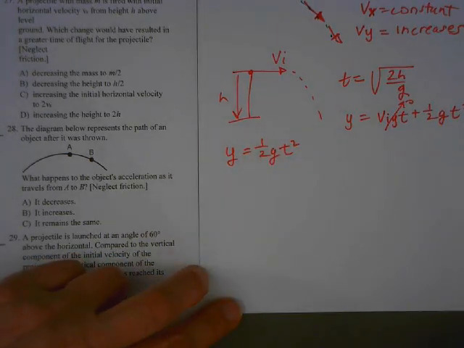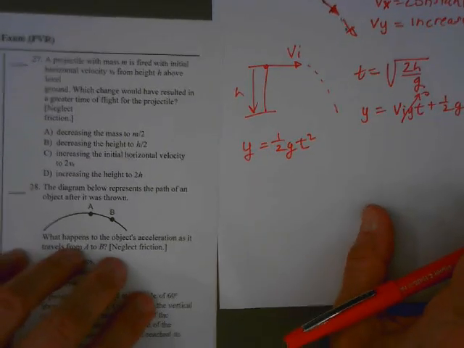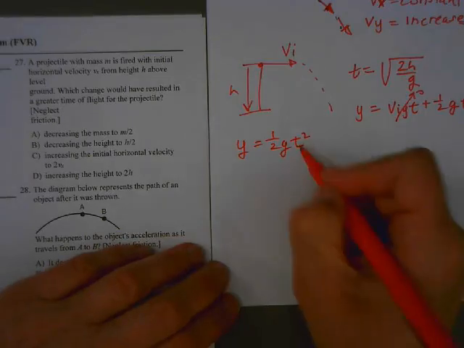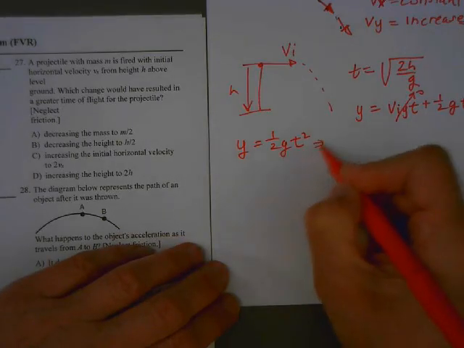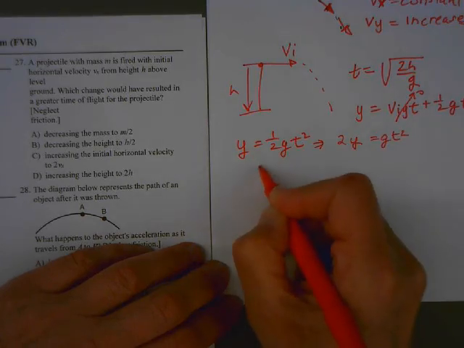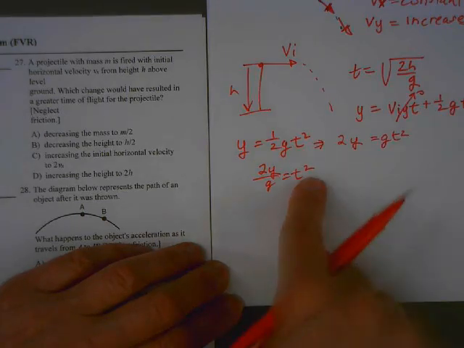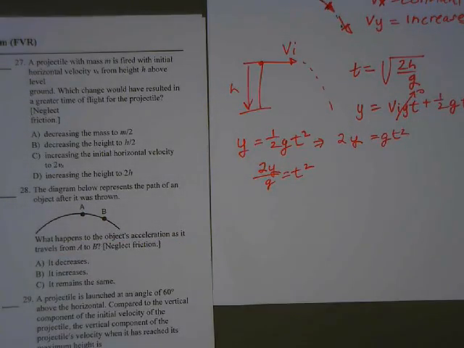And when I rearrange the equation to solve for the unknown in terms of the known, I would multiply both sides by 2, divide both sides by g, and then take the square root of both sides, and that's how I end up getting that equation. So the answer to number 27 is D.